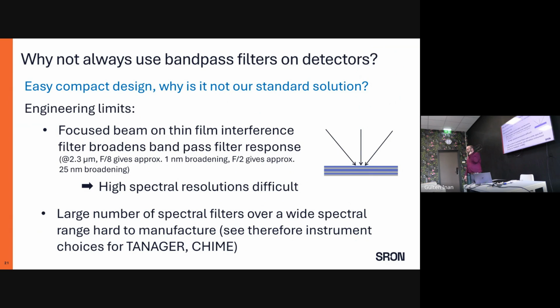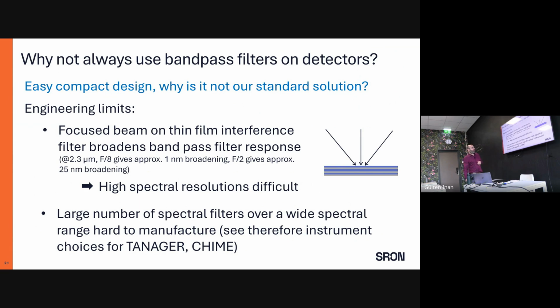So if you look into why we are not doing that, then of course there are some engineering reasons. There's some stuff we cannot do so well. For example, those filters are made of thin film interference filters. If I go at them at a different angle than straight, then the position of the filter will shift. This means if I go with a focusing beam, it will broaden the response of the filter.